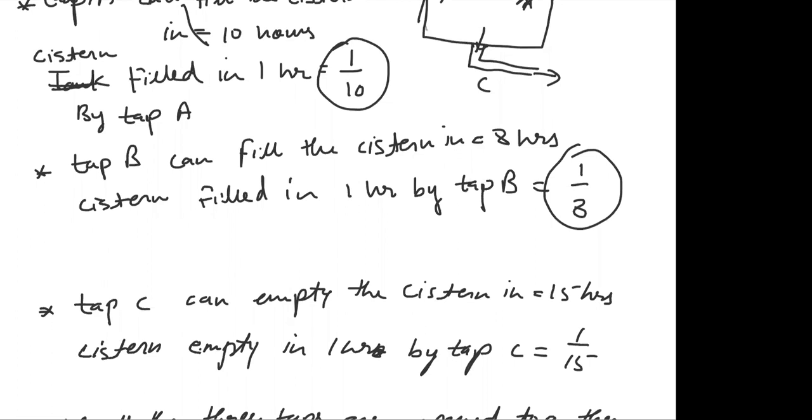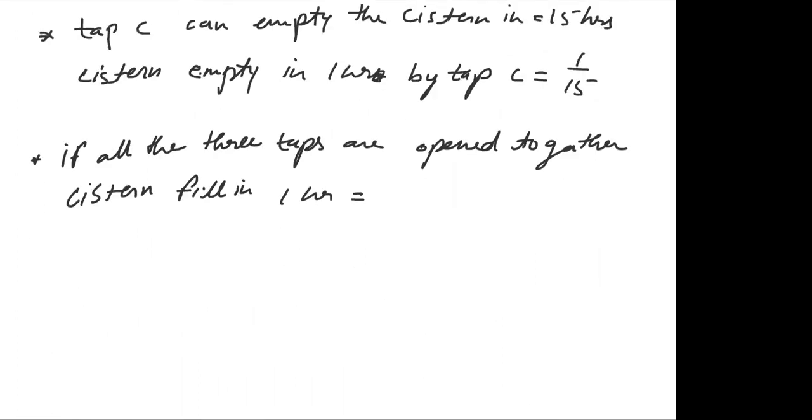So 1 upon 10 plus 1 upon 8, and tap C is emptying the tank, so we will subtract 1 upon 15. Why are we subtracting 1 upon 15? Because it is emptying the cistern, it is not filling the cistern.